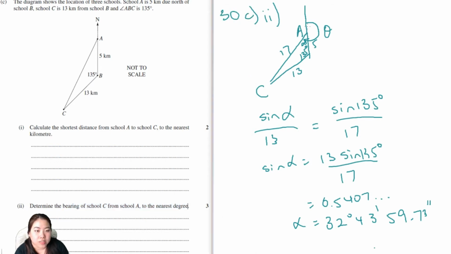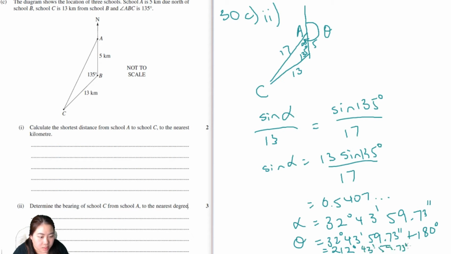What I now need to do is add 180 degrees to it, and I'll find theta. Theta will equal 32 degrees 43 minutes 59.73 seconds plus 180 degrees, which is going to be 212 degrees 43 minutes 59.73 seconds, which is rounded to 213 degrees.